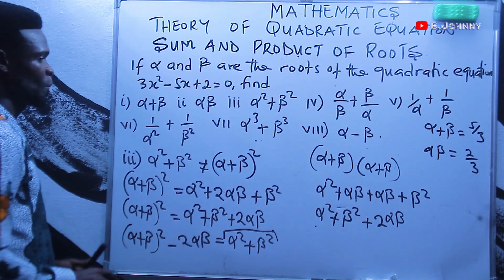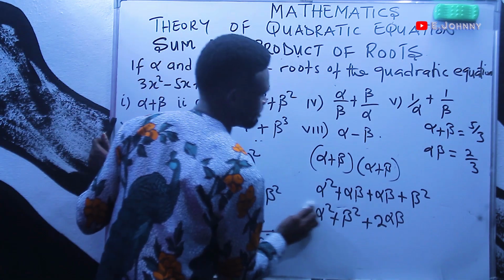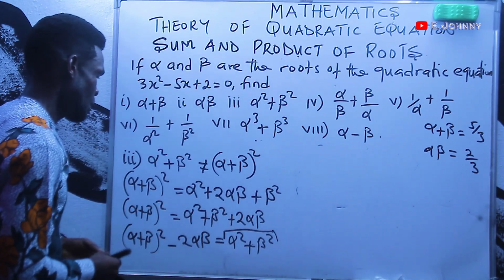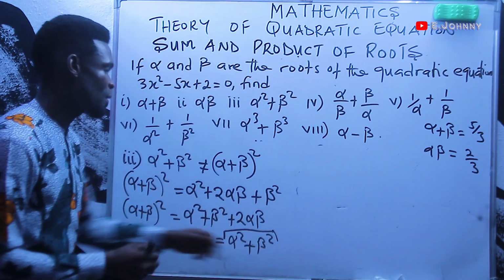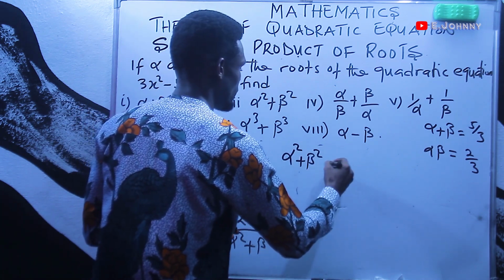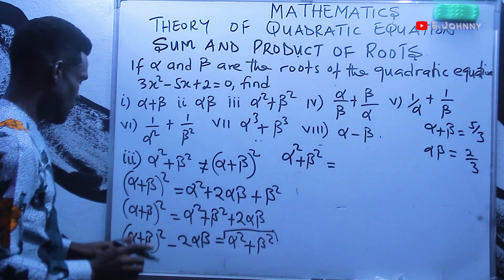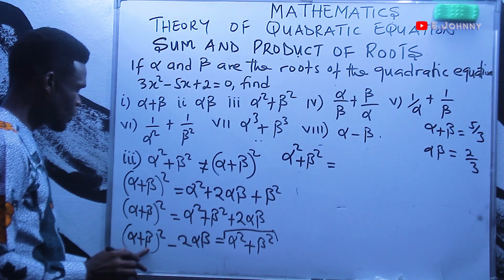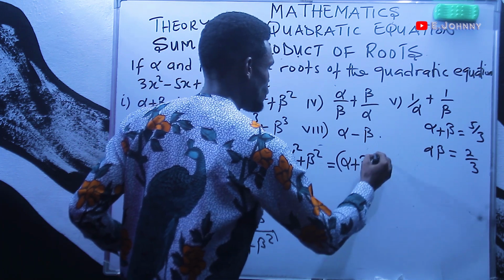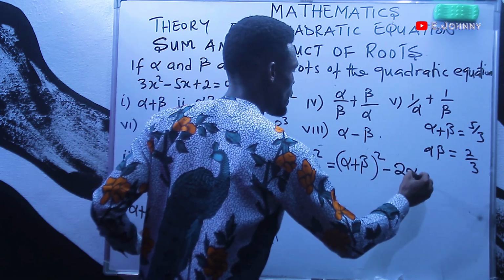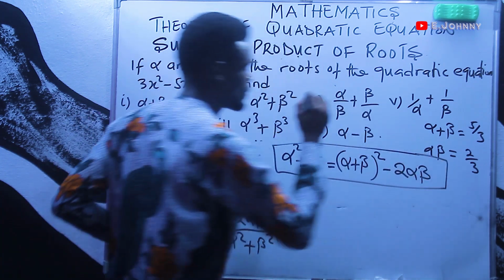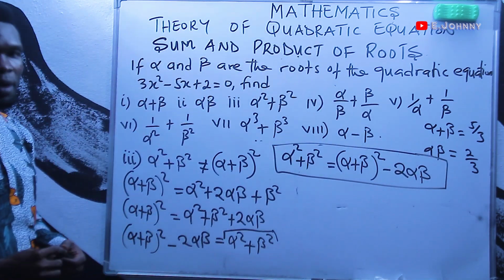Okay, so you will agree with me that if I am solving for alpha squared plus beta squared, then I must remember that it is alpha plus beta all squared minus 2 alpha beta. Please never forget this. It helps a lot.